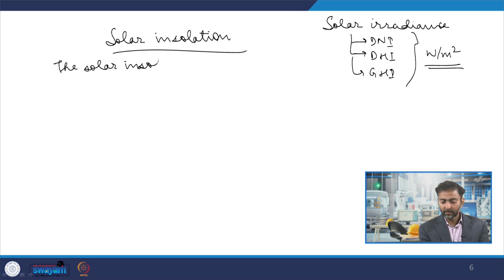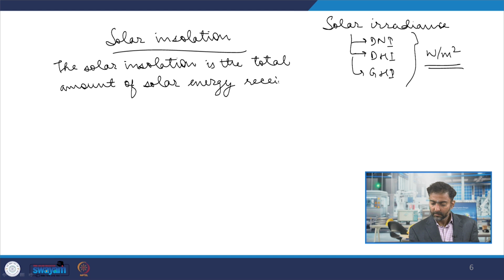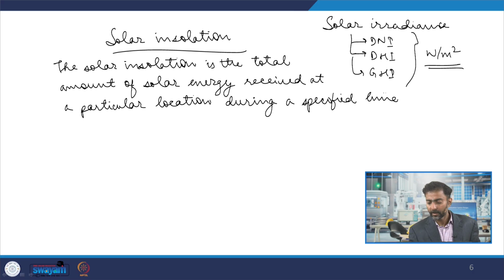The solar insolation is the total amount of solar energy received at a particular location during a specified time period.